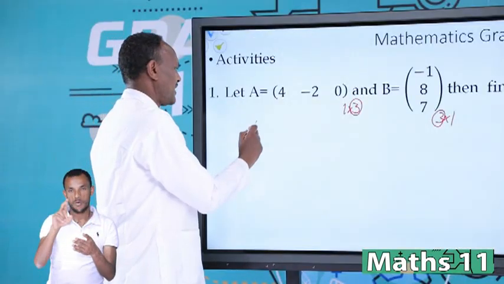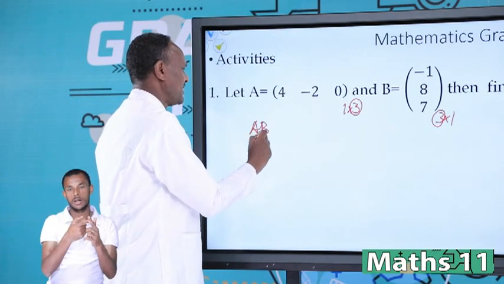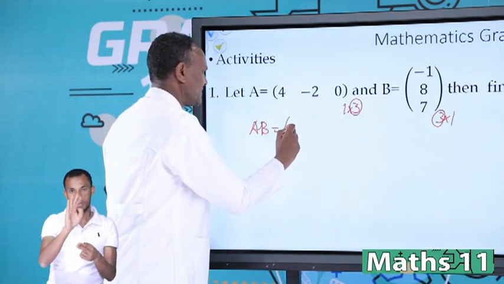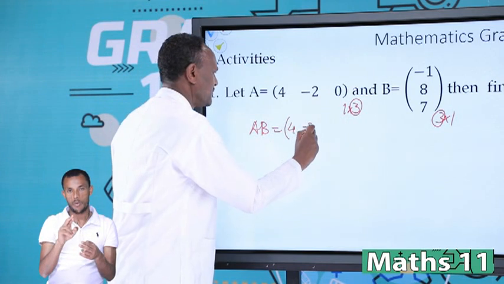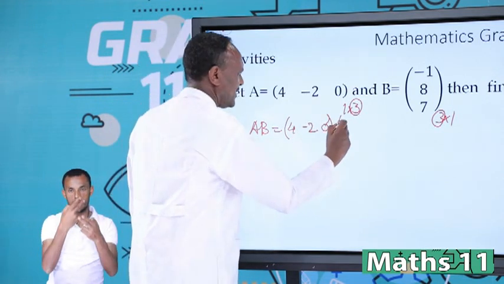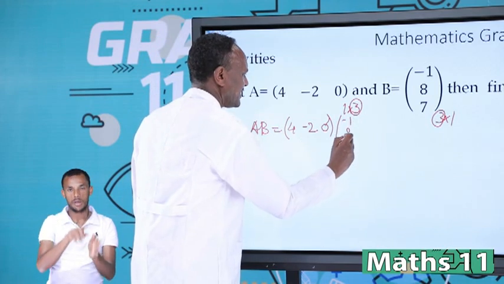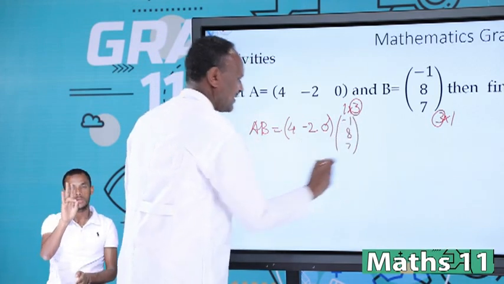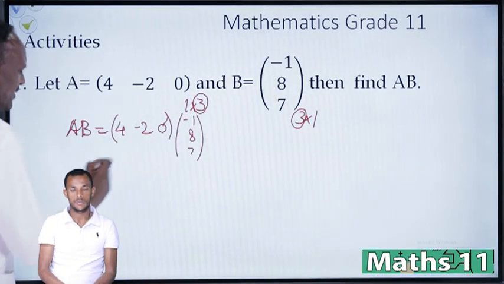So what would be A times B, where A is the row matrix 4, -2, 0, multiplied by the column matrix -1, 8, and 7? Then what are you going to do?